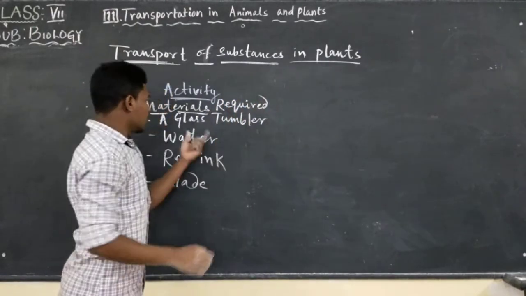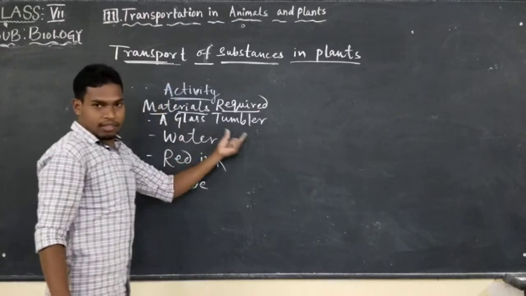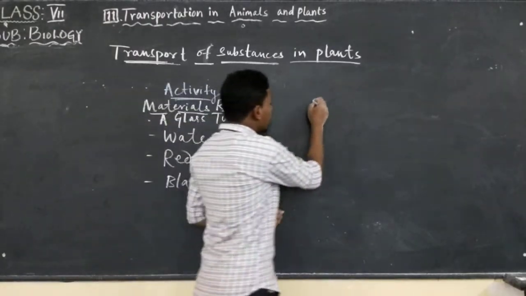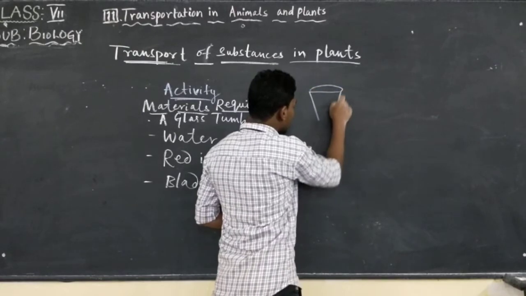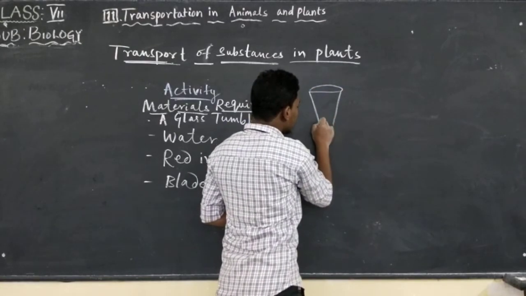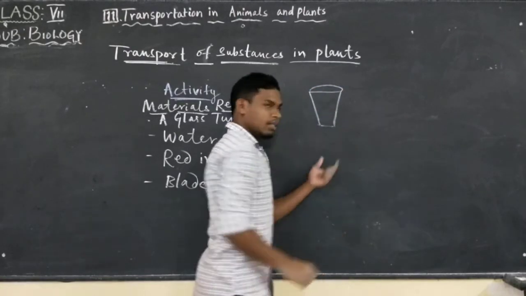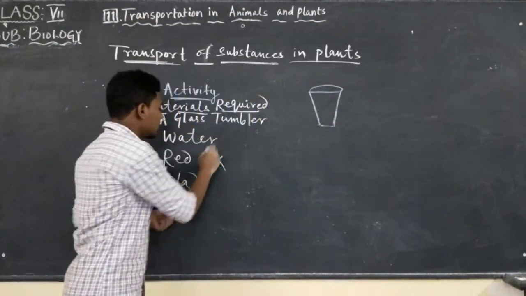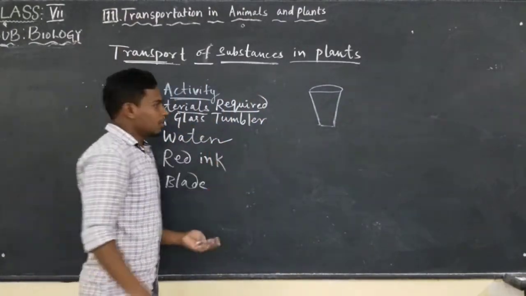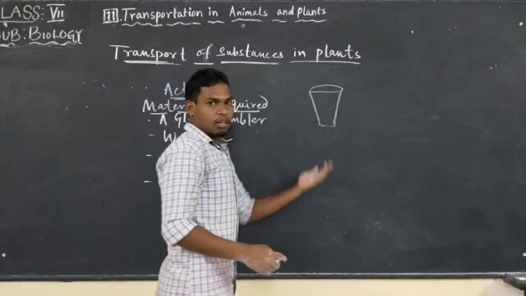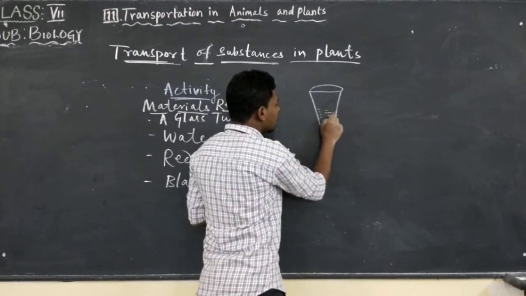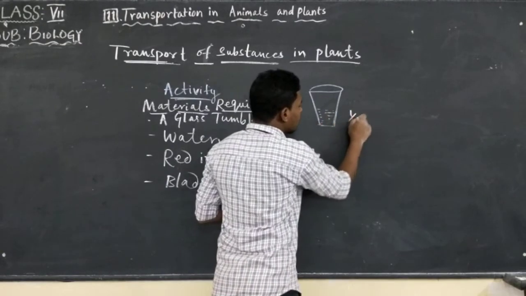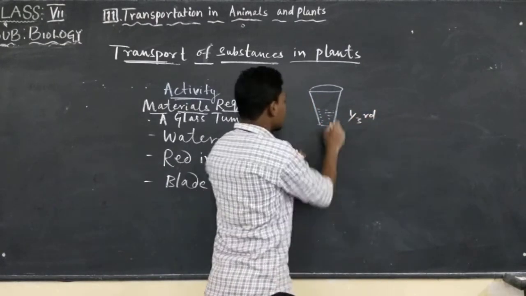Now we have a glass tumbler. So this is the glass. In the glass we need to pour one-third portion of water. The glass tumbler needs to be filled one-third with water.